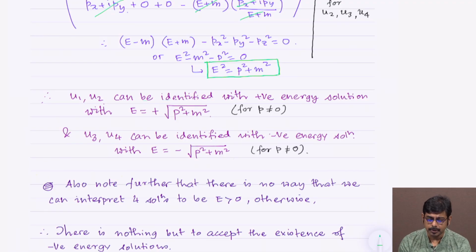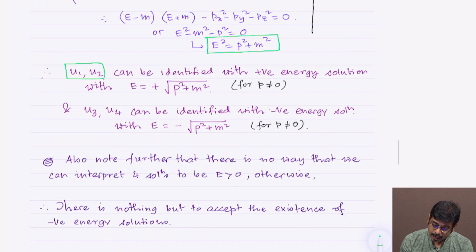And you can also see that therefore, this is unavoidable, that you have the positive energy solutions coming in the form of E equal to plus square root of P square plus M square, which are associated with this U1 and U2 solutions that we obtained, and on the other hand U3 and U4 can be associated with the negative energy solutions of E is equal to minus square root of P square plus M square.